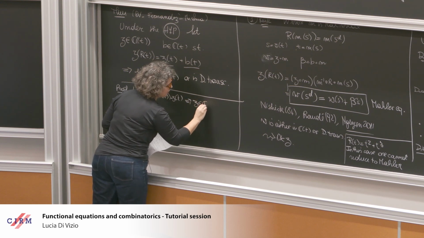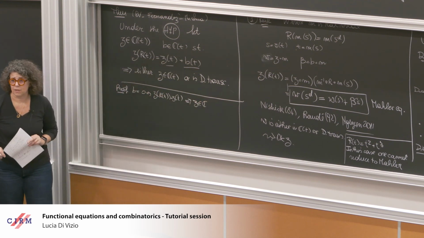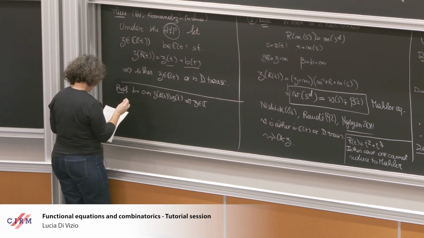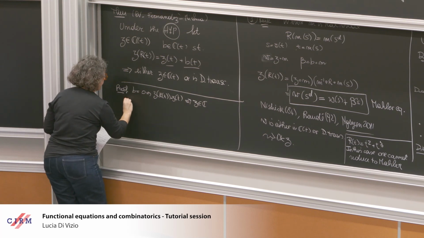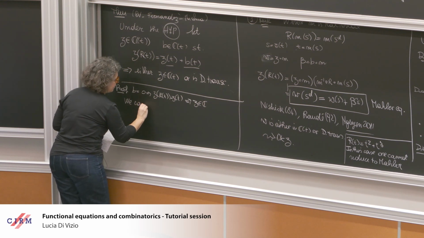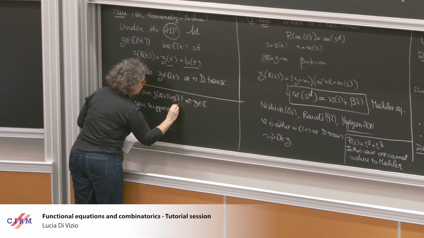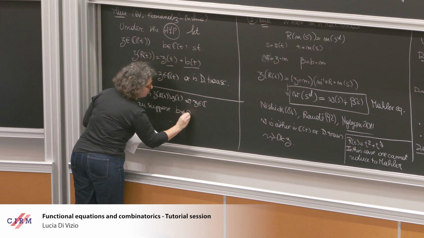Z belongs to C, and the theorem is true. Otherwise, we can suppose B different from 0.